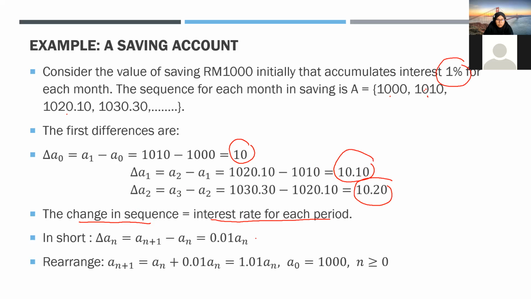Okay, so in short, for every time frame, the change in that particular time frame equals the interest rate times the current saving account value. So if we want to find the formula for the next one, you can just rearrange this.